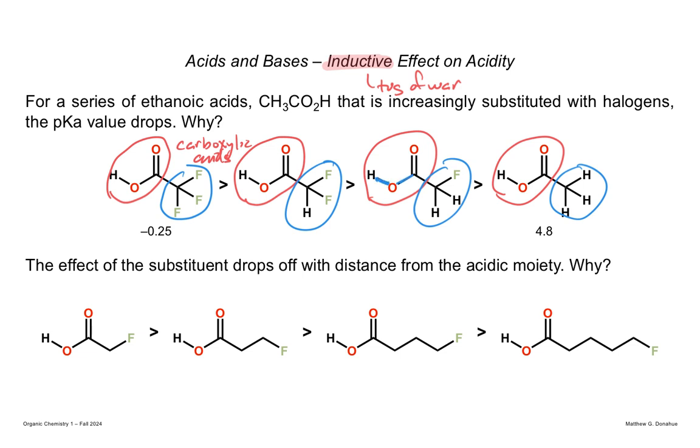So I'll highlight those in blue because that atom is electronegative. We say it's delta minus. It's helping to weaken the OH bond. And then as you add more, it's not a linearly additive effect, but it's increasing the acidity quite a bit.